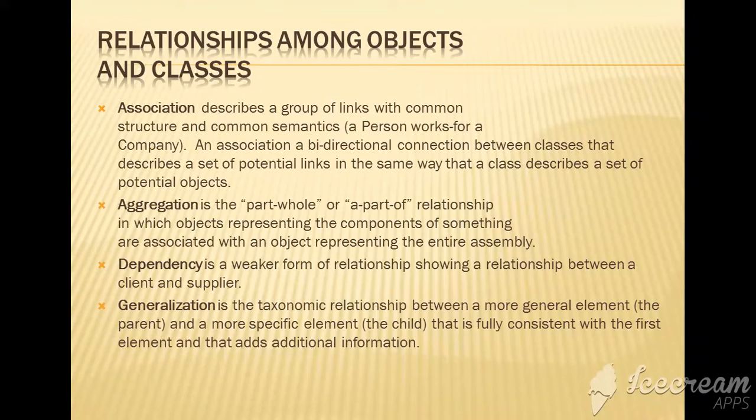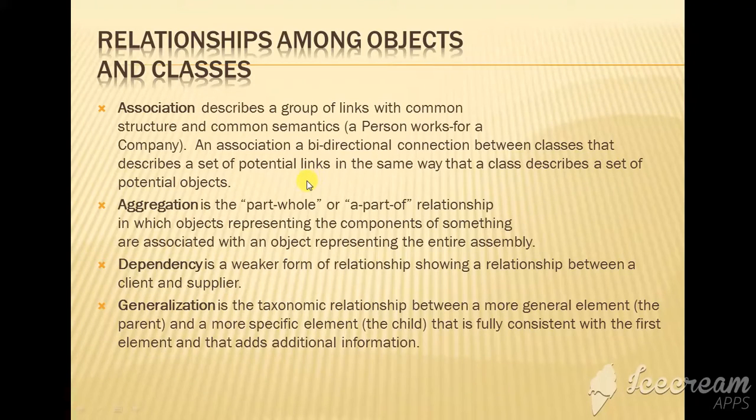Relationships among the objects and the classes. Association is the first, second is aggregation, dependency is third, and generalization is the fourth one. Association describes a group of links with common structure and common semantics. An association is a bidirectional connection between classes that describes a set of potential links in the same way that a class describes a set of potential objects.